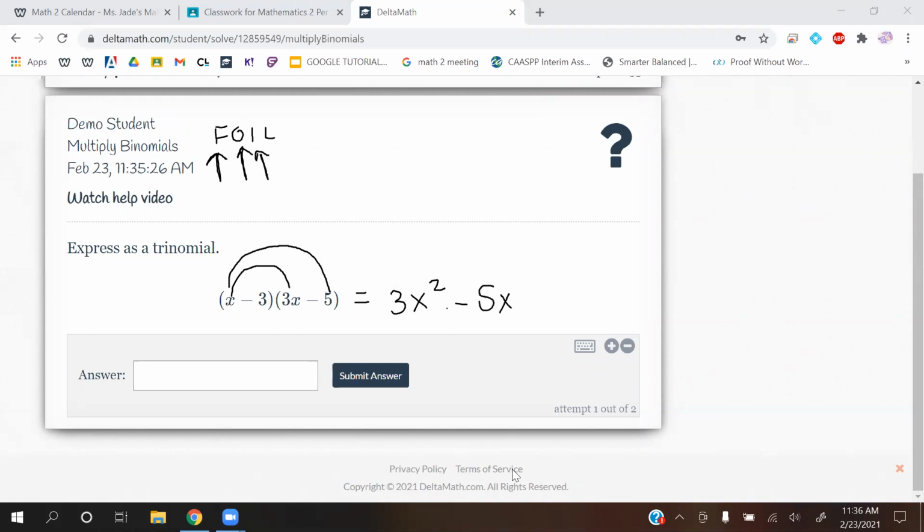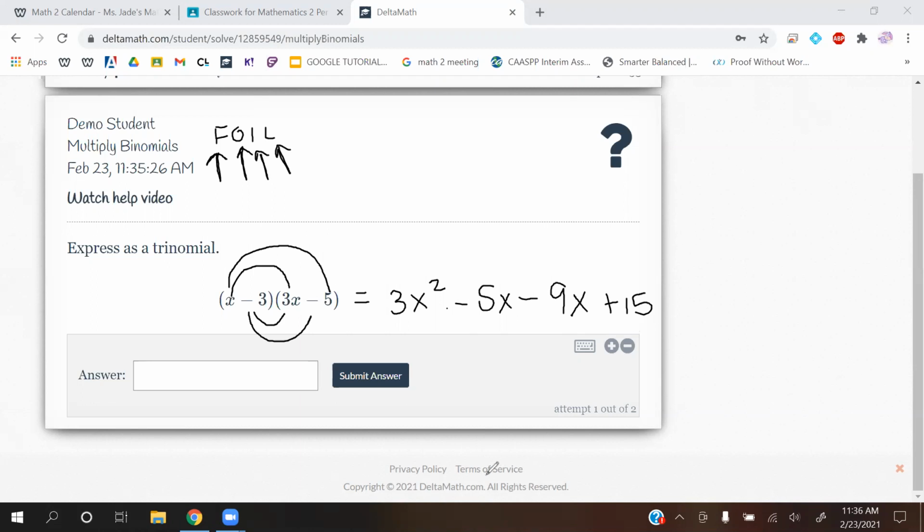Then the I in FOIL stands for inner, so that's the -3 times the 3x, so that's -9x. And the L in FOIL stands for last, so that would be the -3 times the -5, so plus 15, because negative times negative equals a positive.